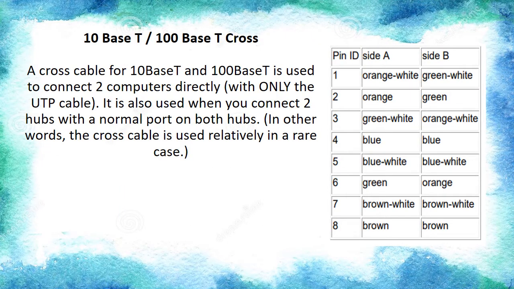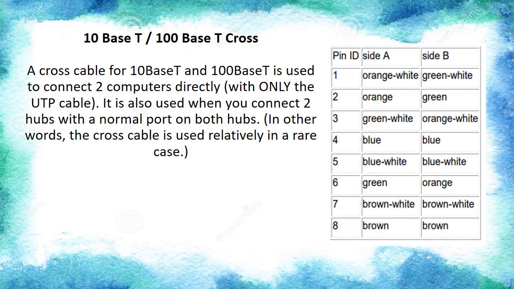So for 10 base T and 100 base T cross, this is what we also call color coding, for side A and side B. For side A, we start with orange-white. Then for side B, we start with green-white. Following the orange for side A, then for side B, green.